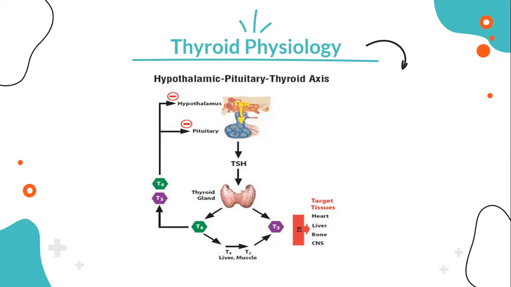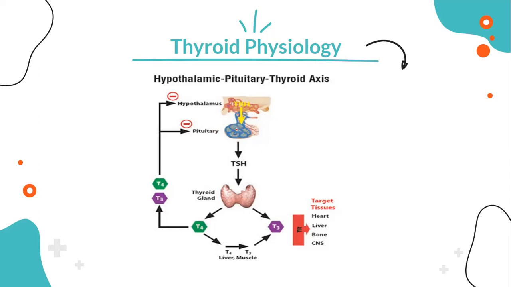This is released into the pituitary gland, and mainly the anterior lobe, which is the gland part, let's call it that way, of the pituitary gland. So this hormone is released and then goes to the anterior lobe of the pituitary gland.